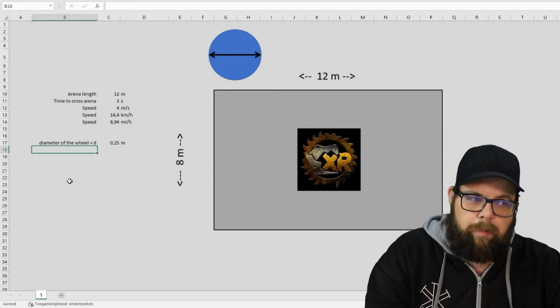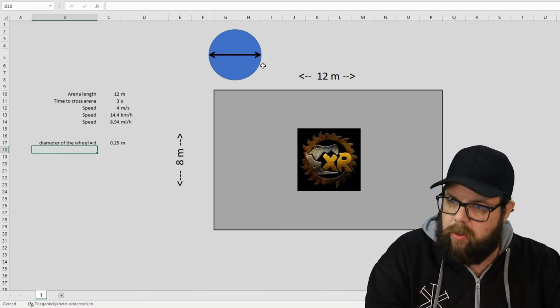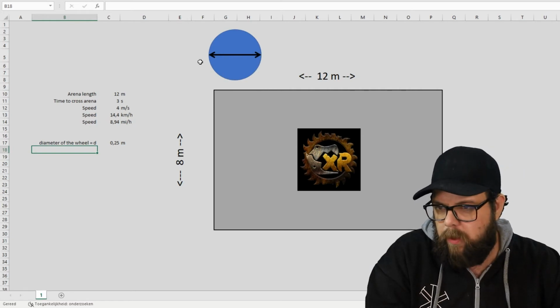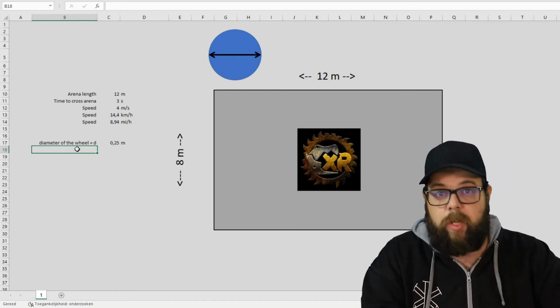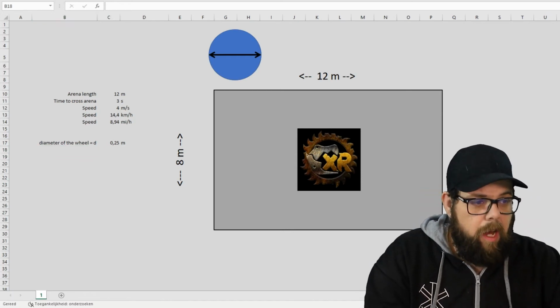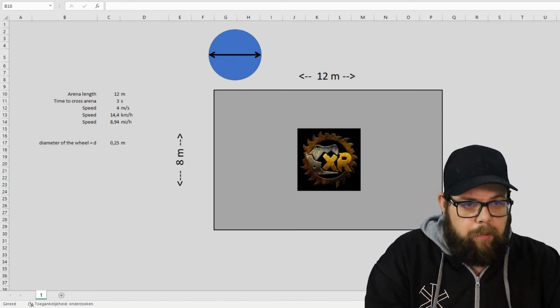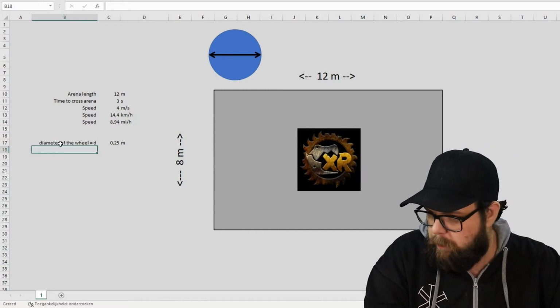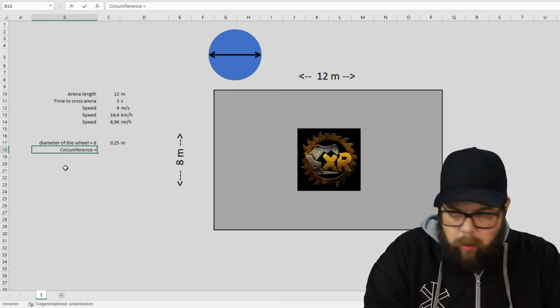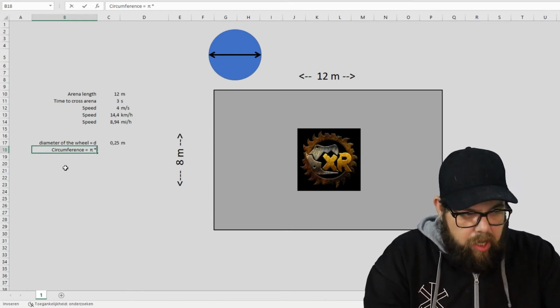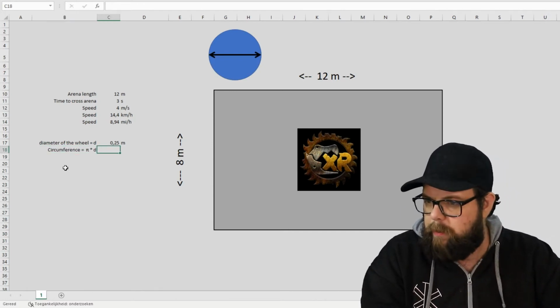If we know that part, we can calculate the circumference of the wheel, so the whole outside, and we use pi for that. It's a very simple formula. Circumference is pi times diameter.